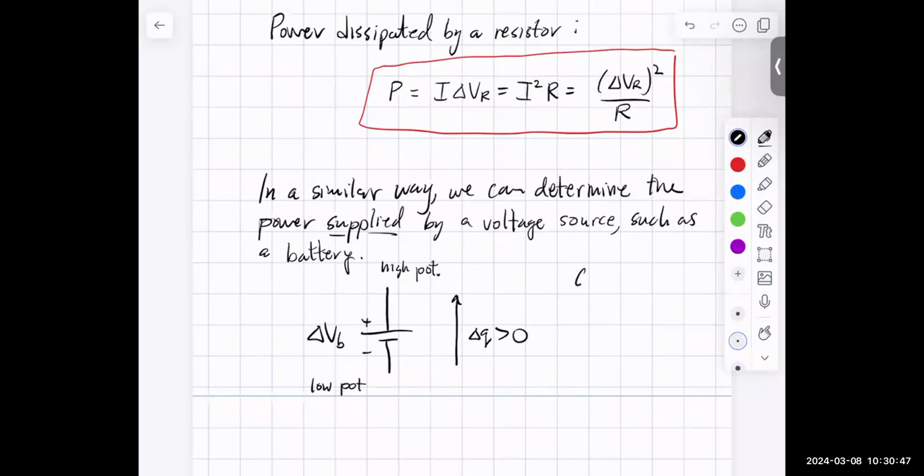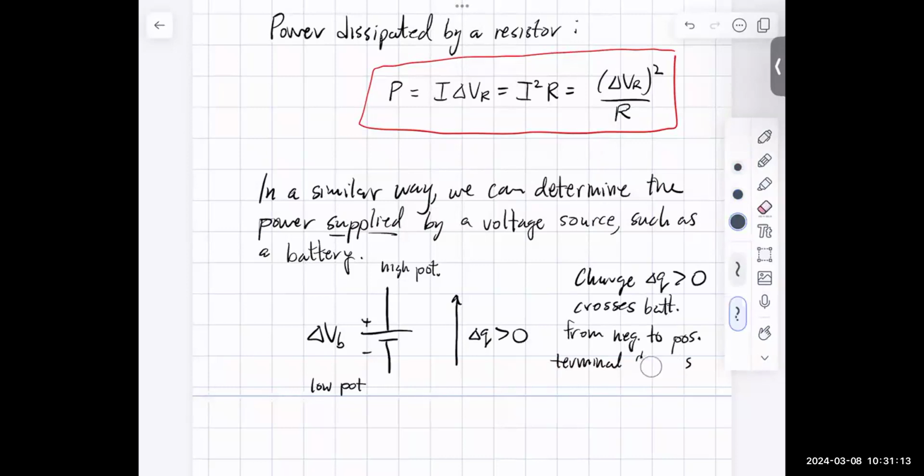And so our charge, delta Q, which is positive, crosses the battery from the negative to positive terminal in time delta t.